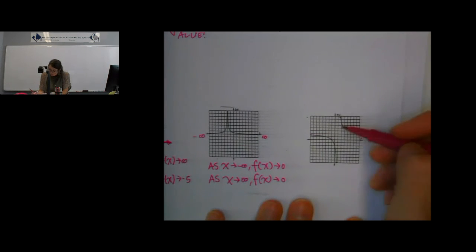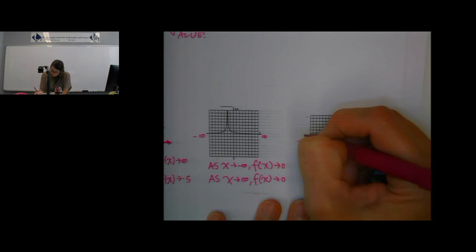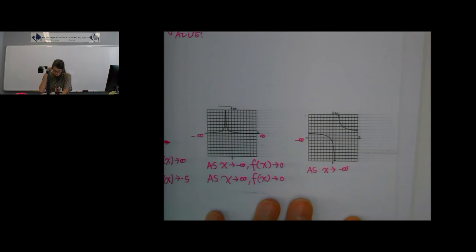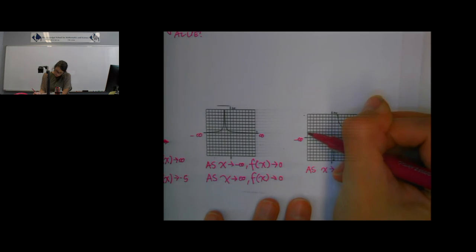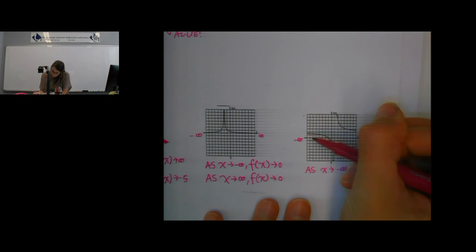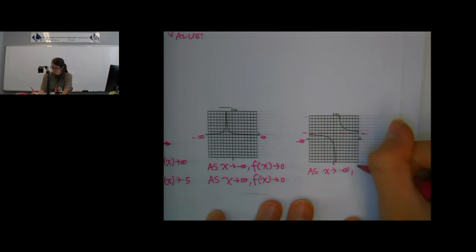All right, let's look here. As x approaches negative infinity, so here's my negative infinity, what is f of x doing here? As x gets smaller, what is happening to f of x? And it is approaching 2.